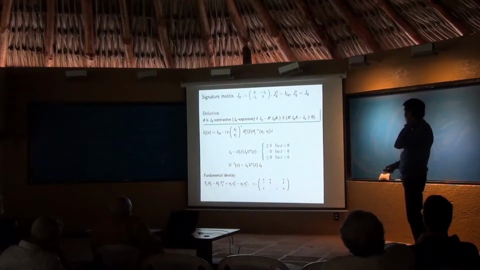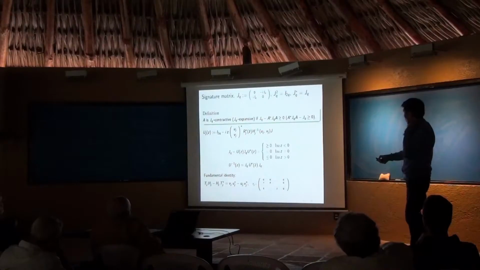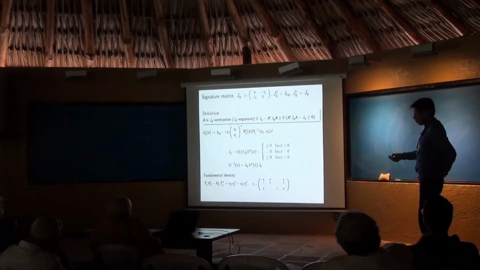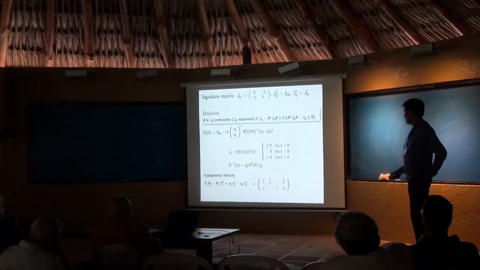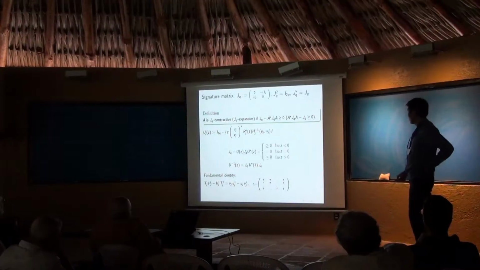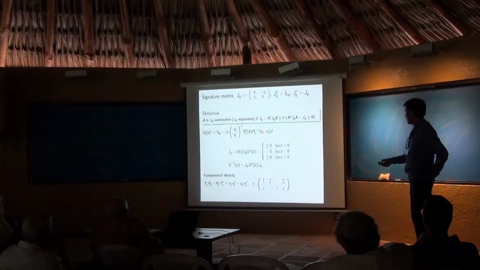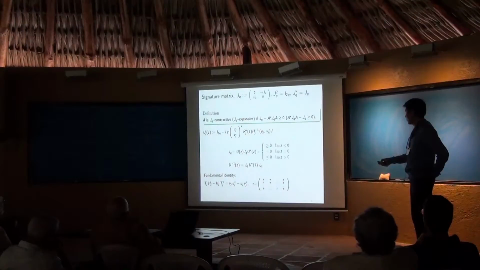Here the signature matrix JQ is also important. It is also a Pauli matrix, which was already mentioned in some talks before. And this matrix A is contractive or expansive.